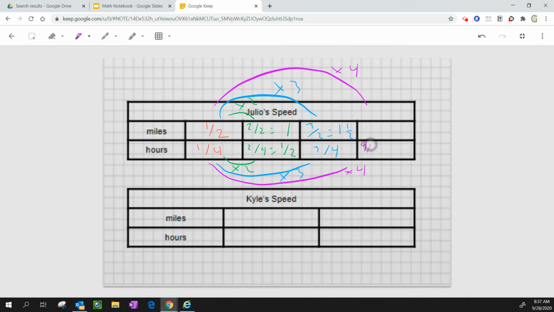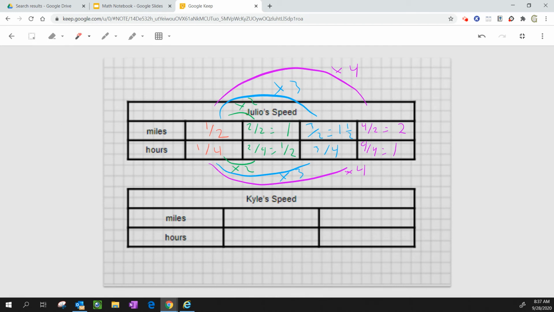I get 4/4, which is 1. And 1/2 times 4 gives me 4/2, which is 2. So that means that in 1 hour, Julio can go 2 miles. The question then is, how does that compare to Kyle?